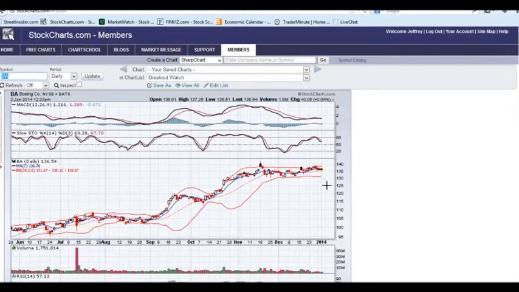So far, it hasn't materialized. And so whether Boeing closes above or below the 7-day moving average today is very arbitrary and has zero significance. The moves back here in August, above and below the 7, mean nothing.